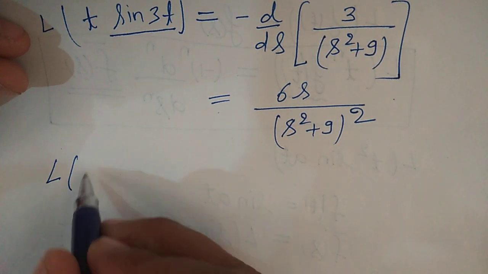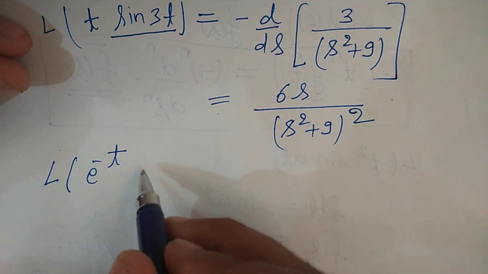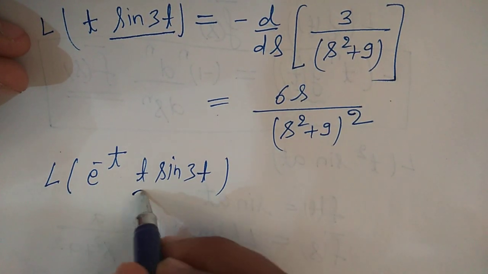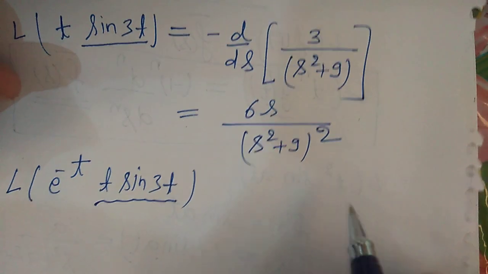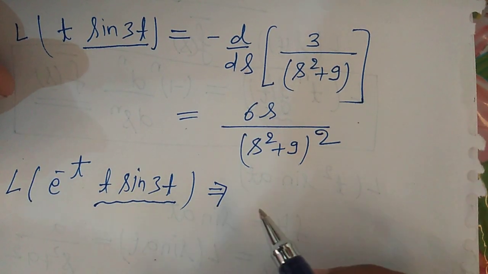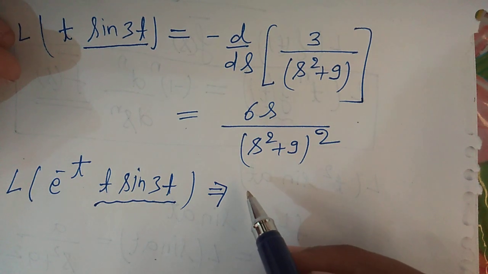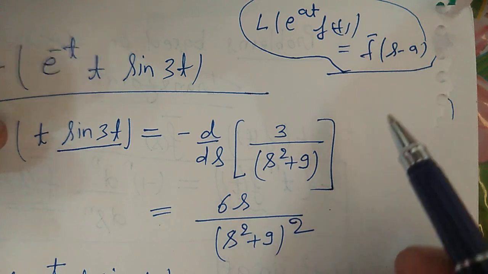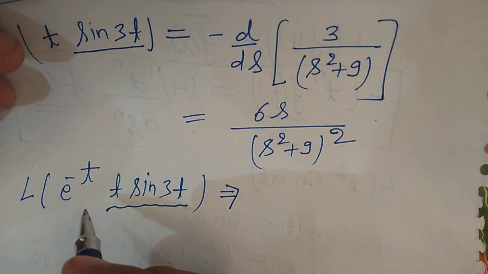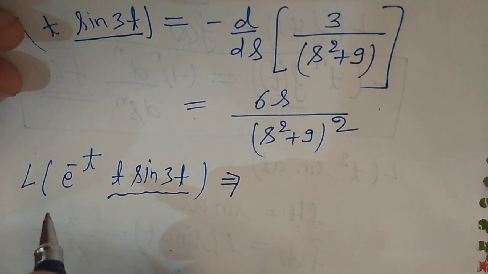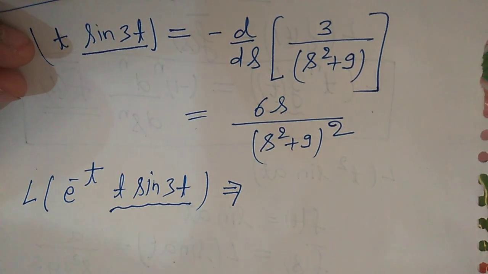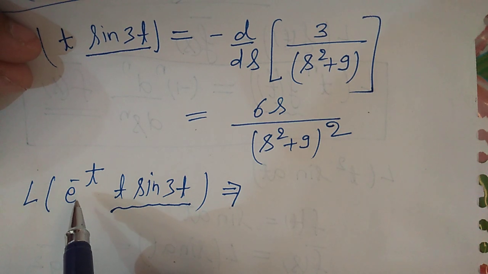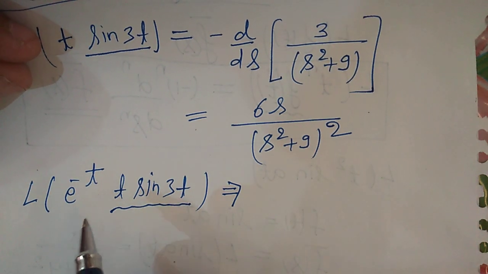Now Laplace of e power minus t sin 3t. Here t sin 3t is the f t, so F s is replaced by F of s minus a using this formula. Here a equals minus 1, so F of s minus a means F of s plus 1.